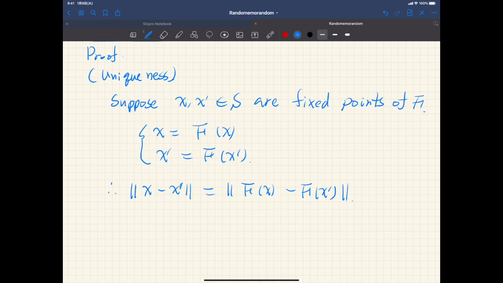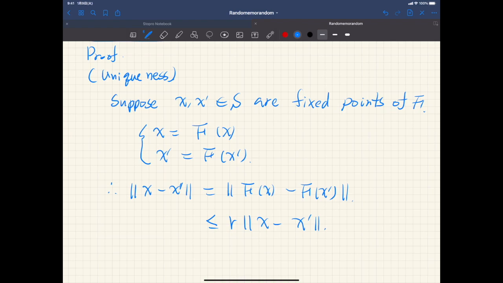Right. And since f is a contraction, we have some real number r between 0 and 1 such that this holds.